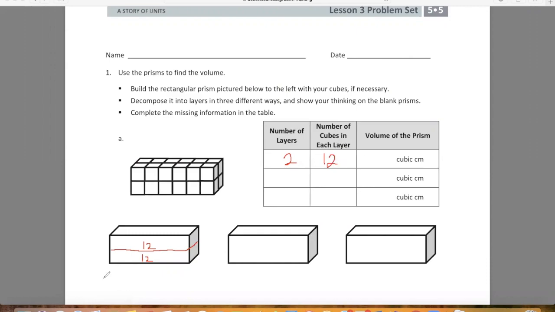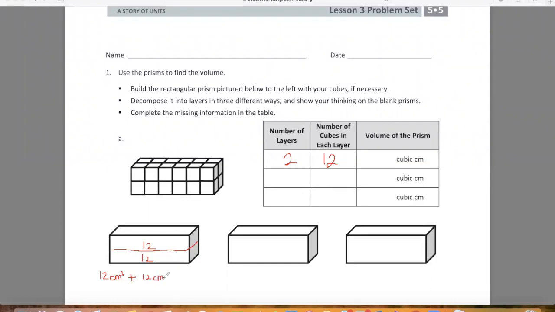And I can write this as a sentence. 12 centimeters cubed. Remember, it's cubed because each side of the cube measures 1 centimeter. So I have 2 of those layers, 12 centimeters cubed plus 12 centimeters cubed.